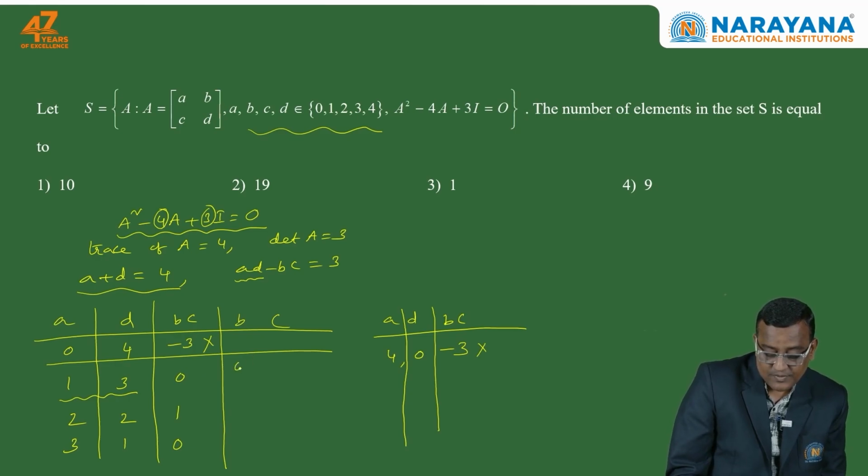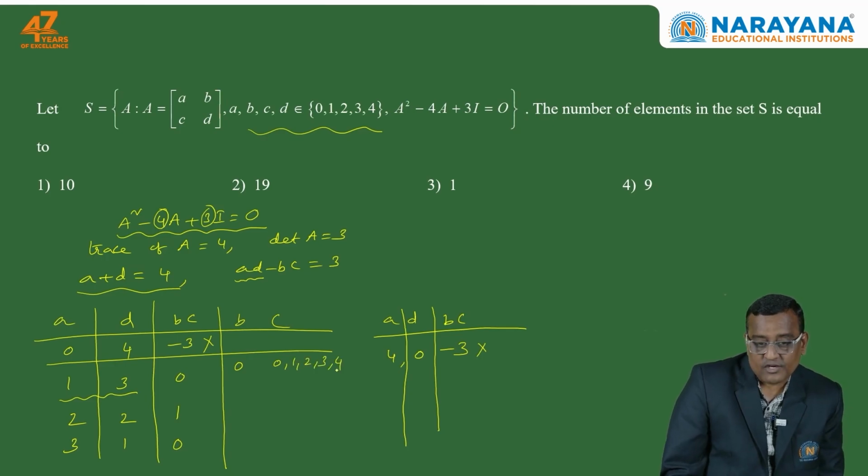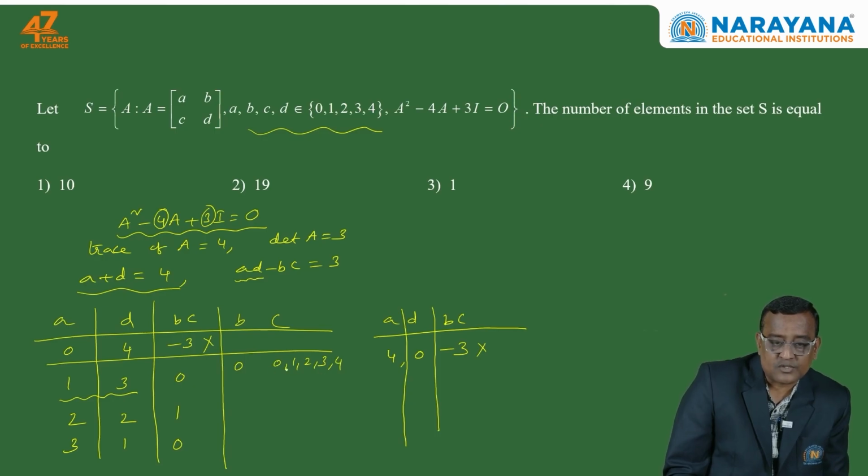So I am taking b as 0, c is 0, 1, 2, 3, 4. So in total you get 5 combinations here. What are they? (0, 0), (0, 1), (0, 2), (0, 3), (0, 4). Similarly, take c as 0 and the possible combinations of b are 1, 2, 3, 4, because (0, 0) is already there. So in total here 5, here 4, total 9 combinations you get in this case.